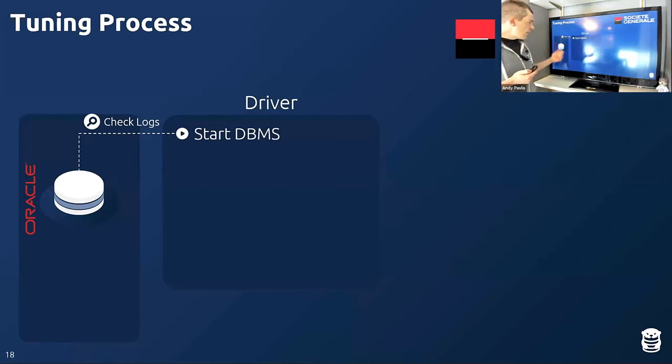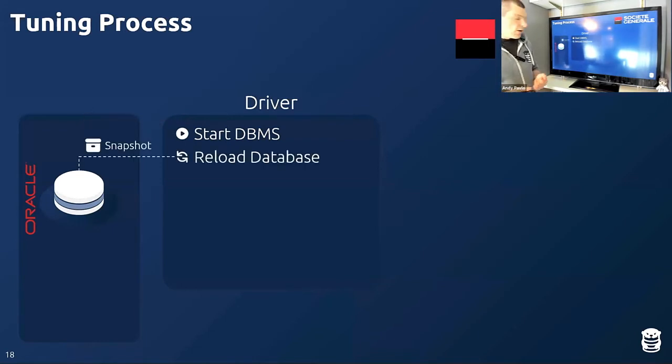So the next step would be to reload the database from the snapshot, and that puts the database back into the state it was in at the moment we took the snapshot, before replaying the workload. This ensures that every single time we try a new configuration, we'll always have the same starting point for the database.